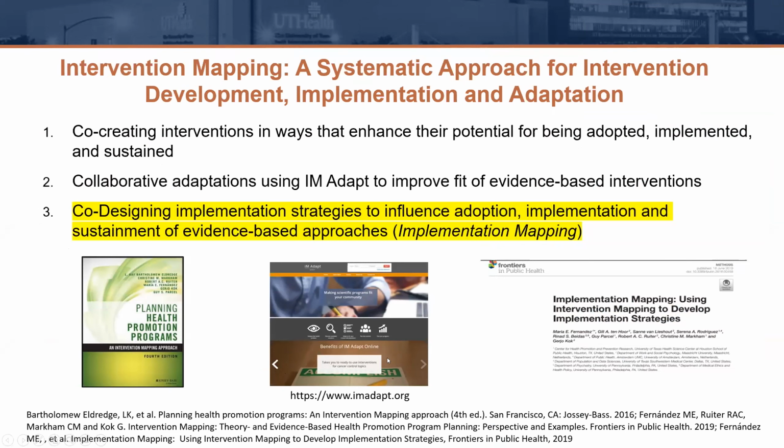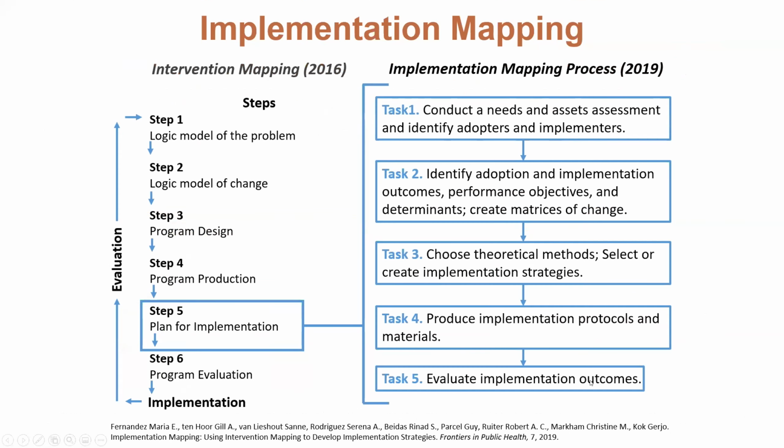In adapting interventions, what we refer to as IM Adapt, there's this tool that can help with that. And then what I'm going to focus on right now, which is implementation mapping, which is using this process for planning strategies to increase adoption, implementation, and sustainment.